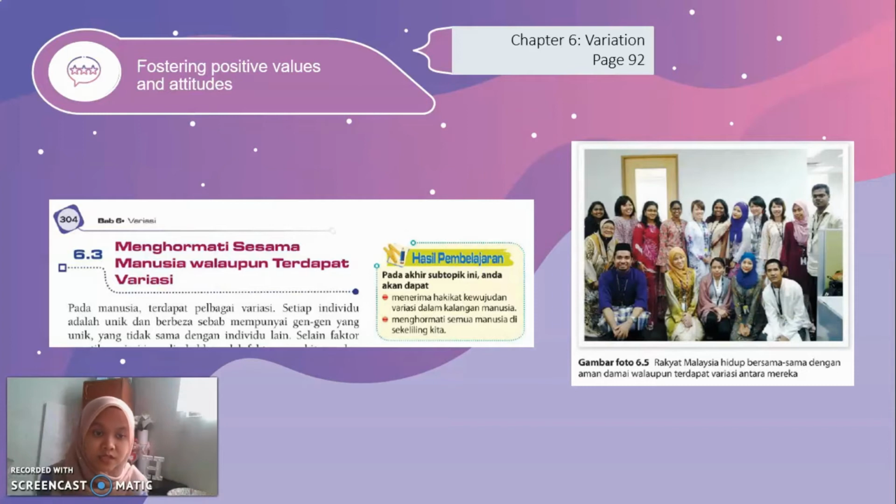You see in this picture there are Malay, Indian, Chinese, Bumiputra. Even though we all have different variations, we can still live together peacefully and happily. So this textbook is fostering a positive value and attitude while learning this topic of variations.